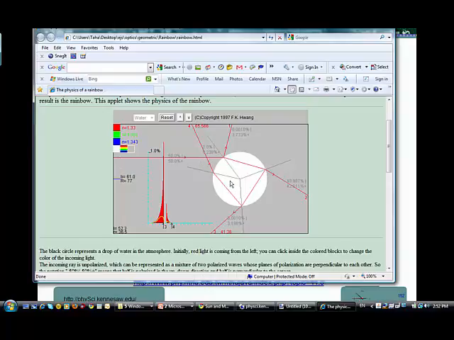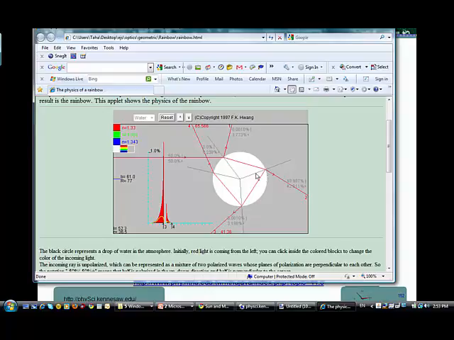Remember, a rainbow happens after rain or near a waterfall or when the sprinkler is running. So whenever you have water in the air, so this is a water droplet, and we are shining light on it. As the light hits it, consider this as the perpendicular, it's along the radius, part of it is reflected, part of it is transmitted.